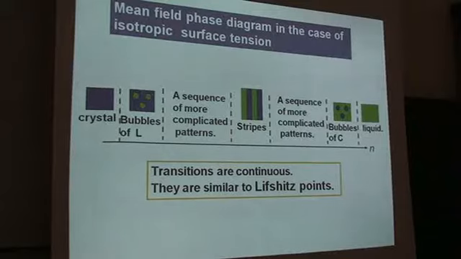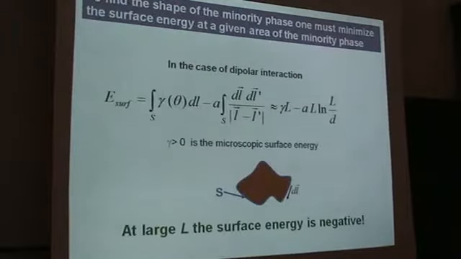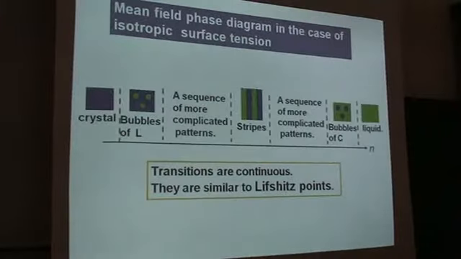One is just stripes. By the way, I forgot to mention that the sum of these two terms gives you a characteristic scale, when the negative contribution wins. This scale will be exponential in gamma. Gamma is the microscopic surface tension. So there are two possibilities.